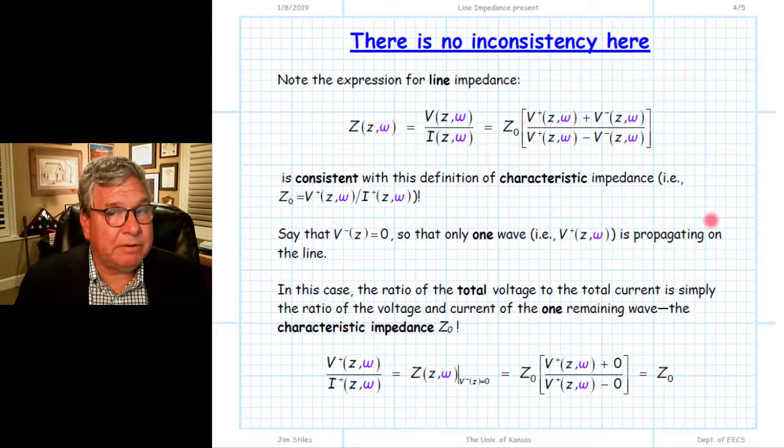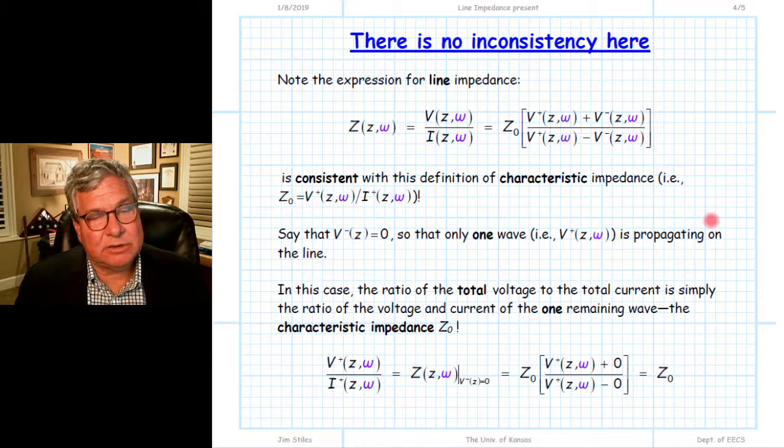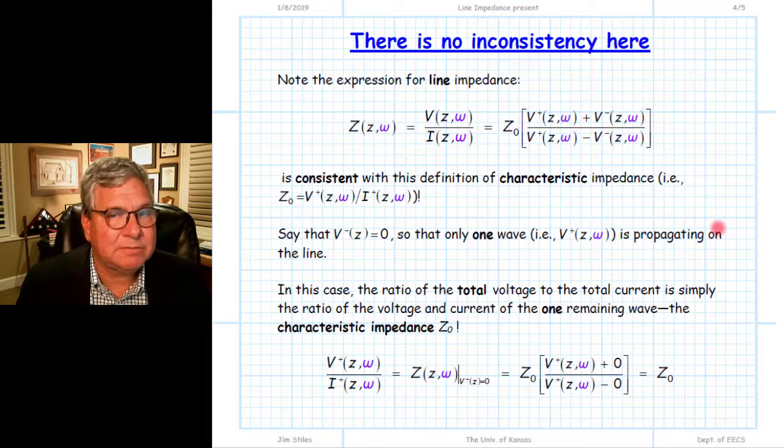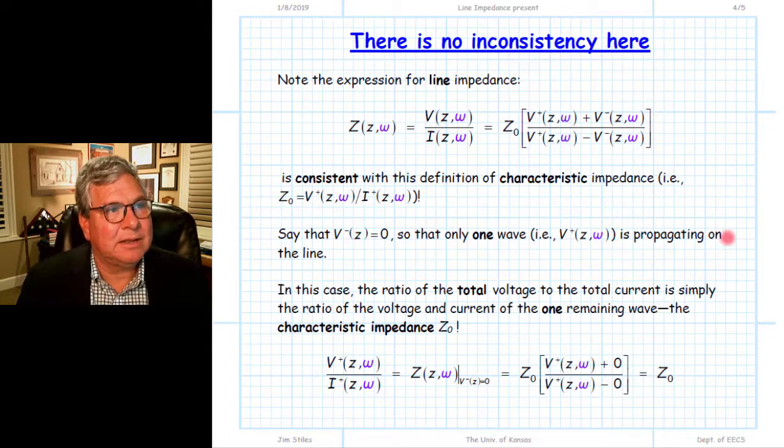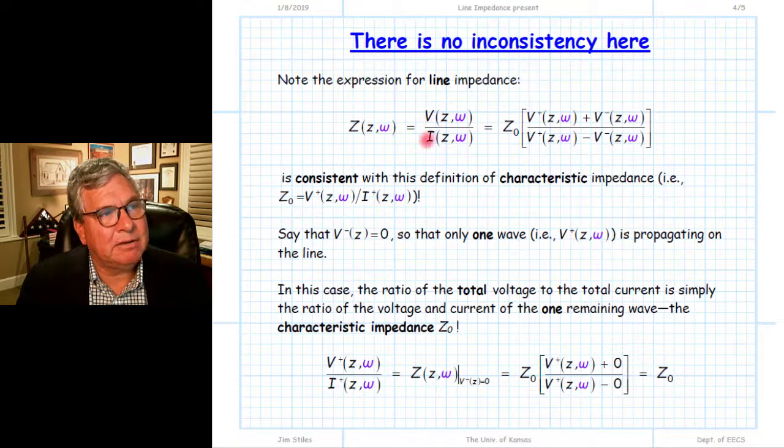So we can show that everything we've said thus far is consistent in terms of our ratio of the total voltage to total current being the line impedance function, or the ratio of plus voltage to plus current being the characteristic impedance. If we look at the line impedance function, again defined as the ratio of total voltage to total current, it's written in this form, which clearly is not equal to Z0, unless, of course, all this big mess on the right is equal to 1.